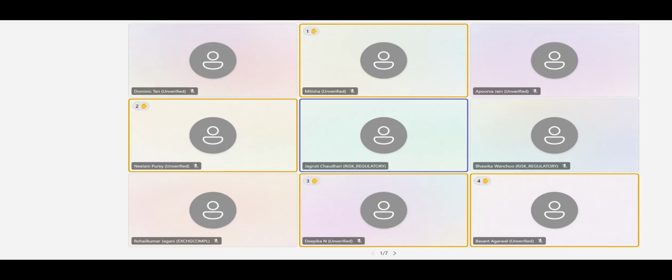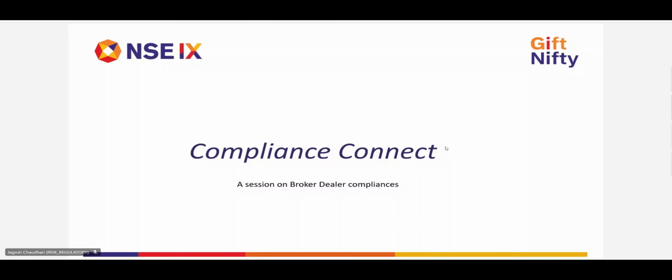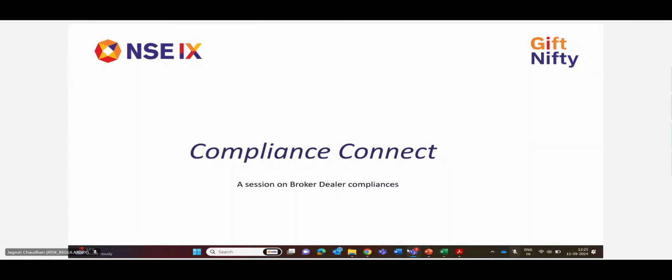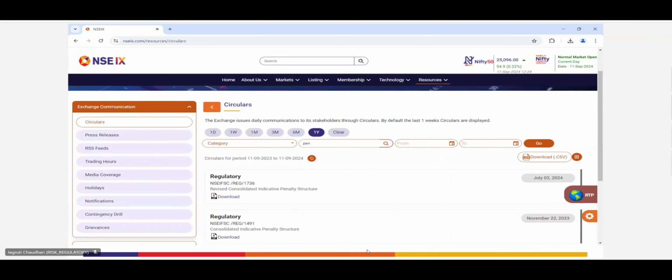Open the compliance calendar and share. So there the term active members is mentioned. What exactly do active members mean? If we have done a single trade, then we will be counted as active members, right? Enabled is your active membership.